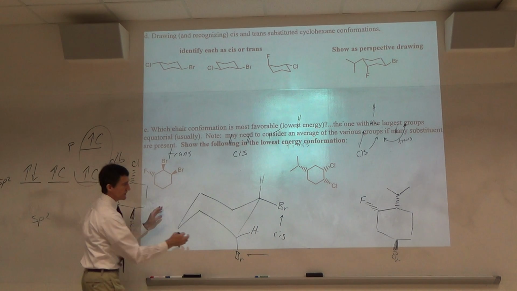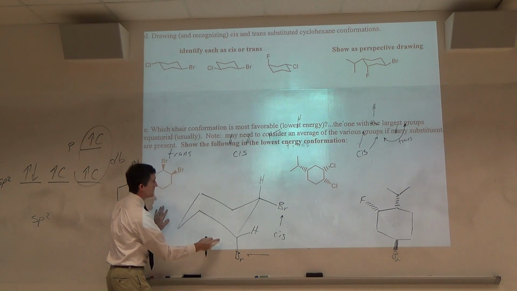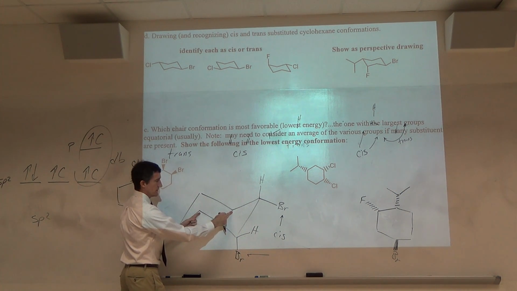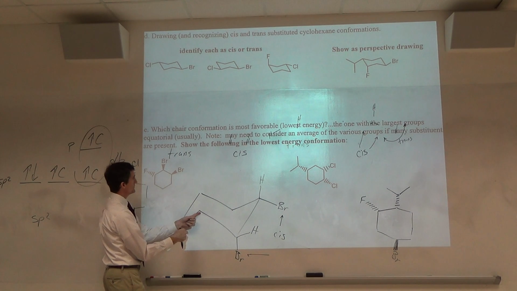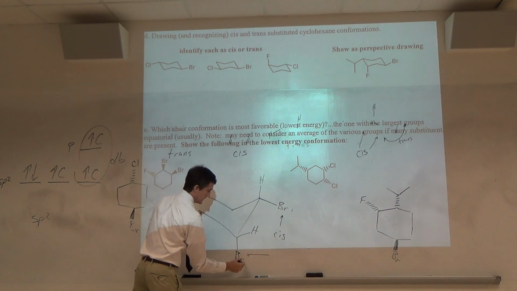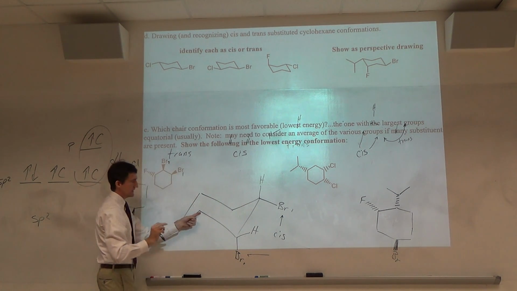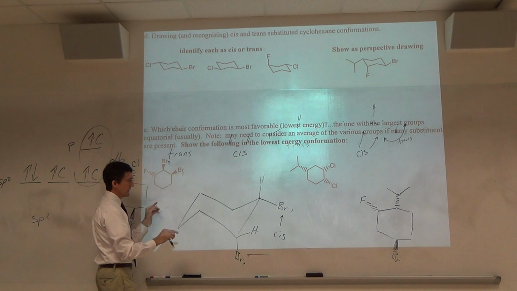Now the fluorine is going to go where? Either here or here. Let's put it here. If we put it here, that means this is 1, 2, it's 1, 2, and then we get to the fluorine. And let's not worry about the stereochemical thing.